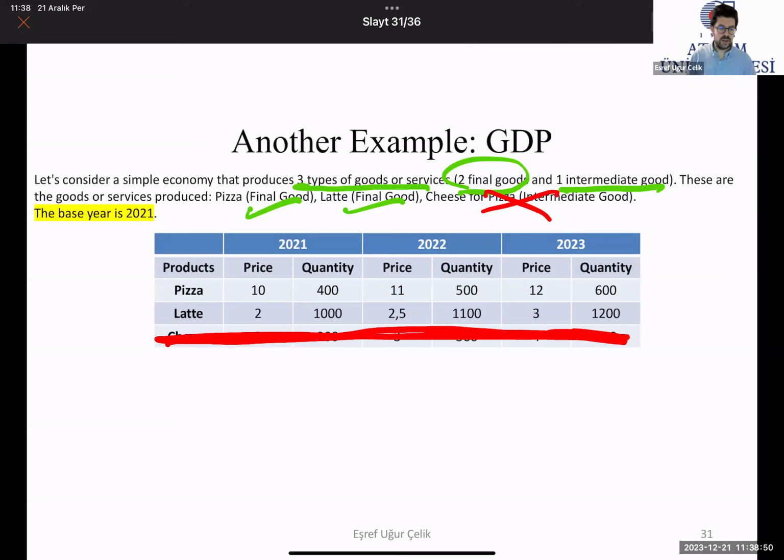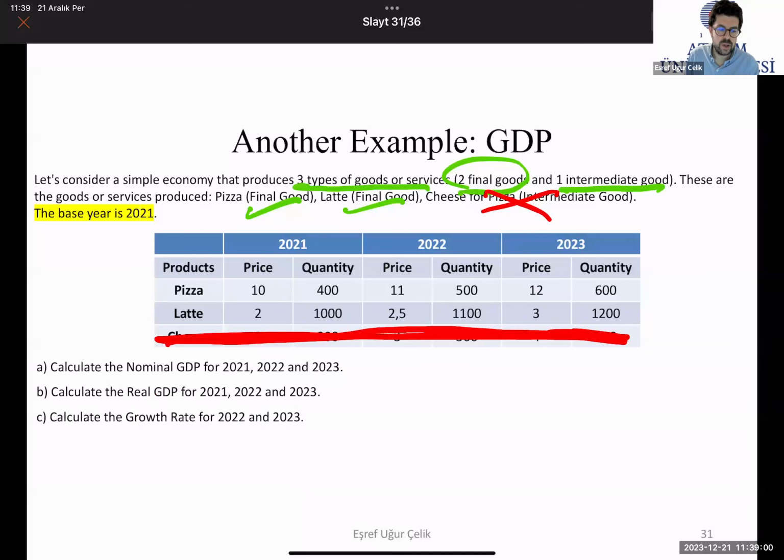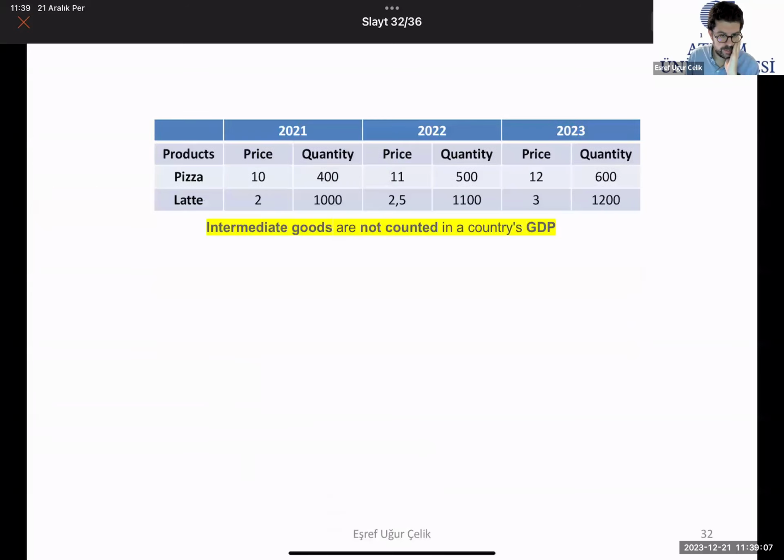That's why we have two options over here, pizza and latte. We get the final goods, not intermediate goods, okay? Again, the same questions. I'm not going to tell, but you are maybe going to study it. So we delete the cheese over there.